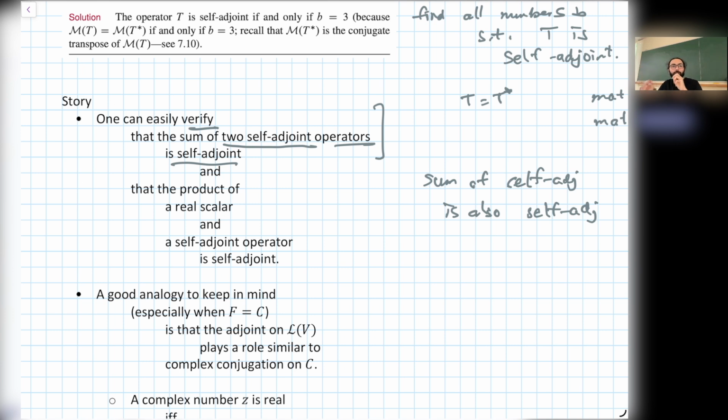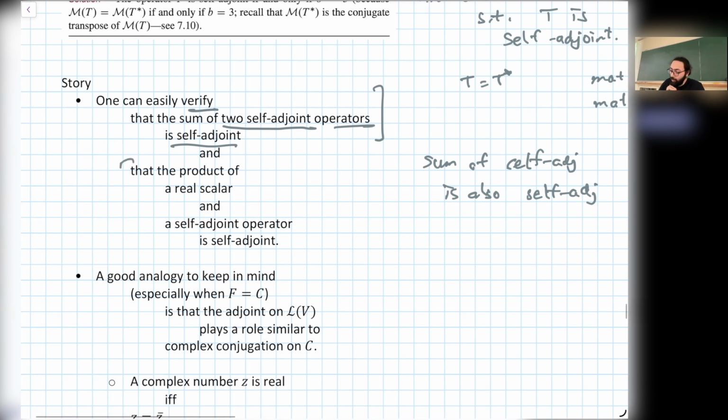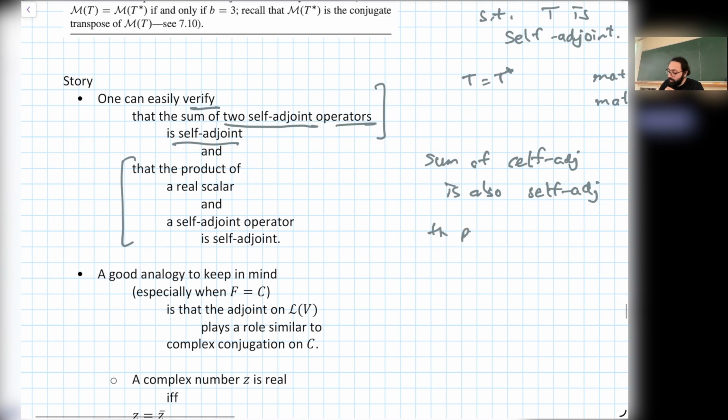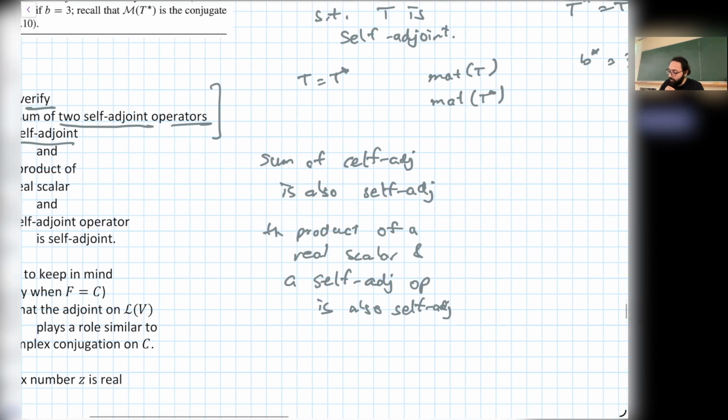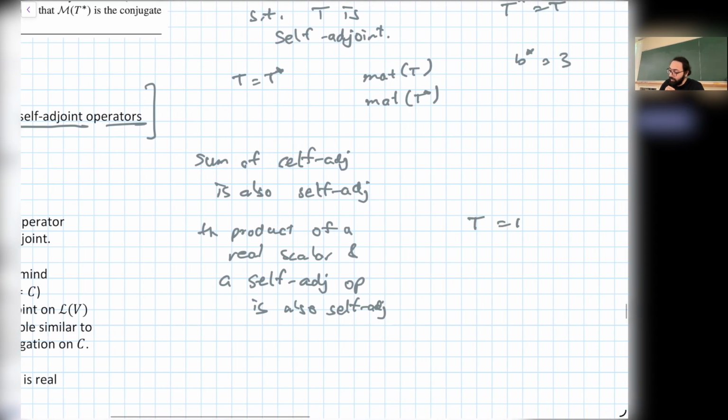And the second part is that the product of a real scalar and a self-adjoint operator is also self-adjoint. If T equals T star, then of course if you multiply it by some real number r, this is also going to be the case.